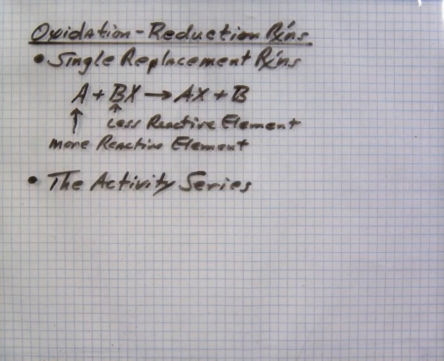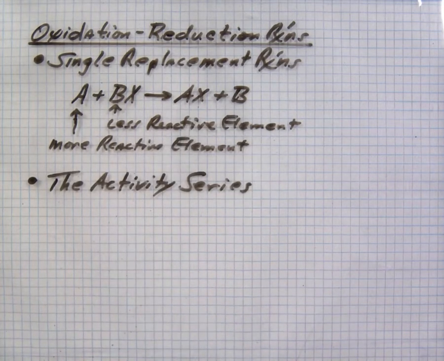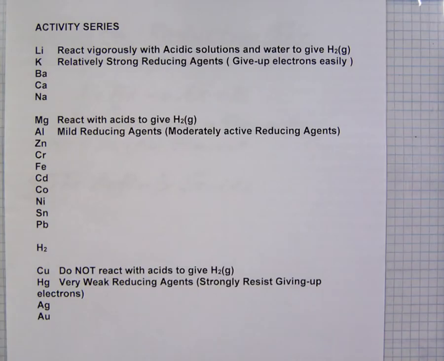Now, to determine if one element is more reactive than the other, we look at the series of elements called the activity series. The activity series is a list of metals, and in the case of halogens also, in order of decreasing activity. Here is a table we call the activity series. They list the most active elements at the top, and the less active elements toward the bottom.